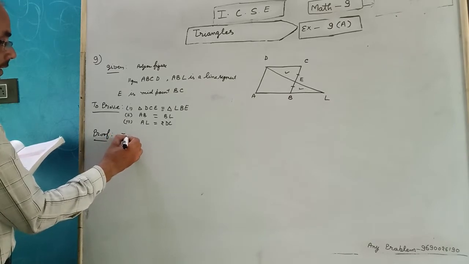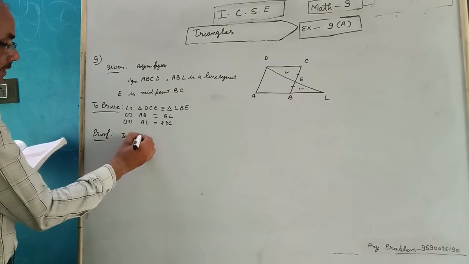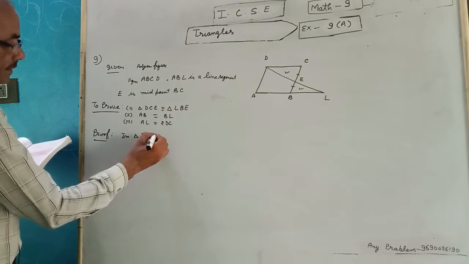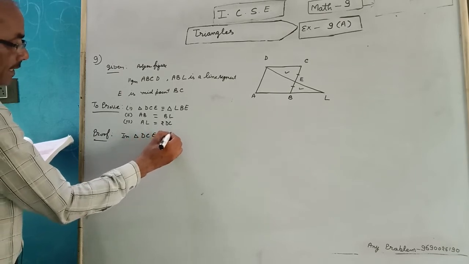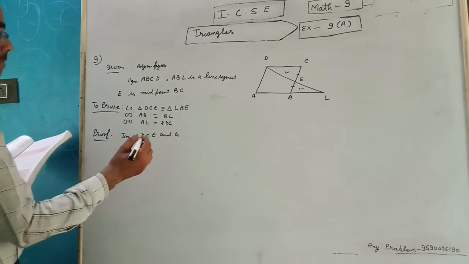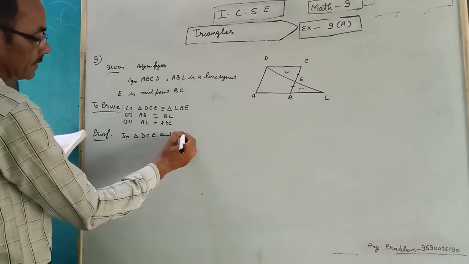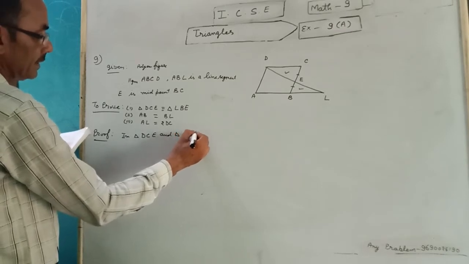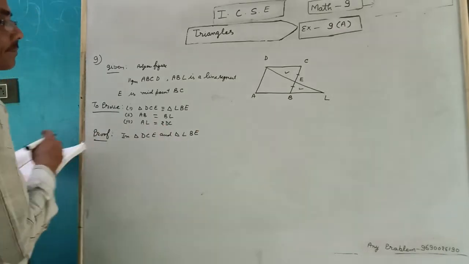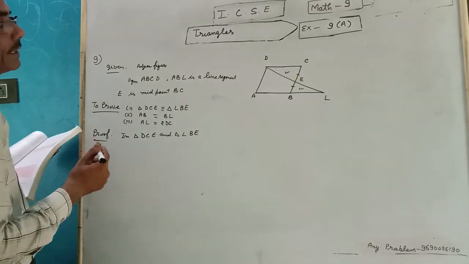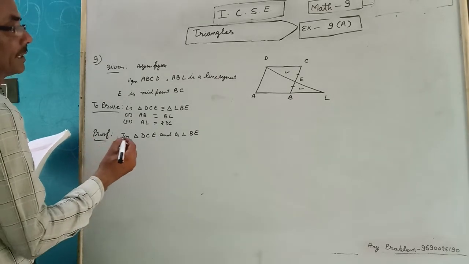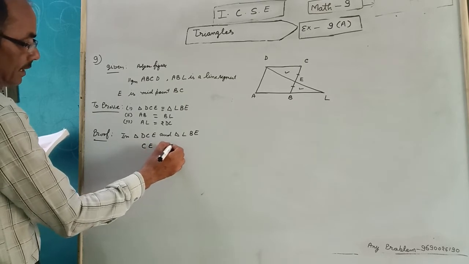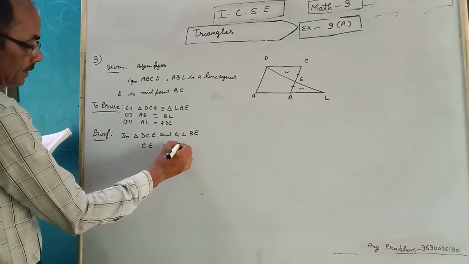In triangle DCE and triangle LBE, E is the midpoint of BC, so CE equal to BE.